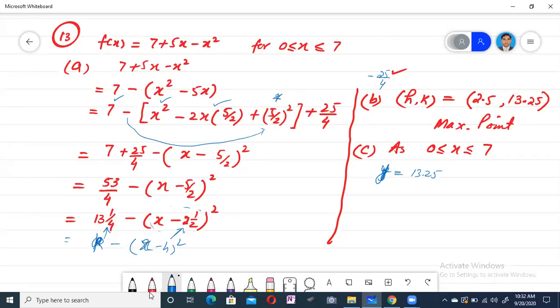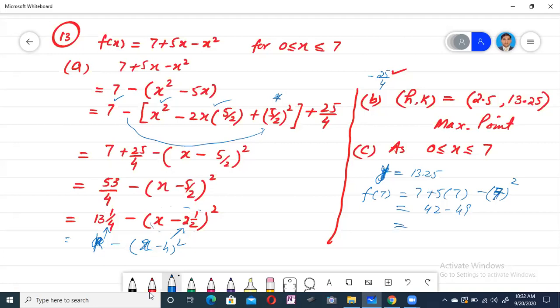Minimum value here we will use x equals 7 in the function. F of 7 is 7 plus 5 into 7 minus 7 square. Then 7 5s are 35 plus 7 is 42, minus this 7 square 49.